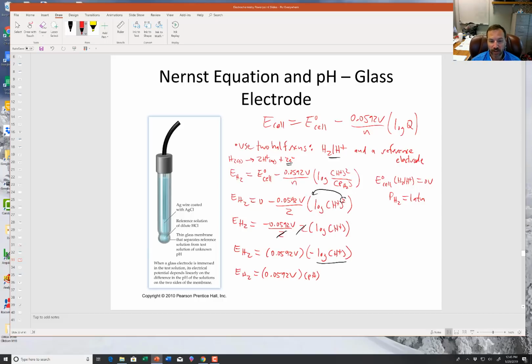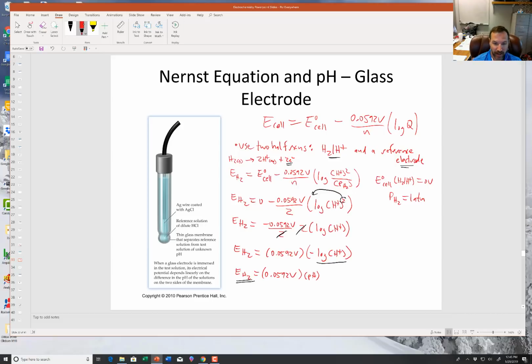So we can hopefully clearly see that using a Nernst equation, we can quickly come up with an expression that relates pH to our electrochemical system. Remember, this is only the half reaction that includes hydrogen. We also have a reference electrode.